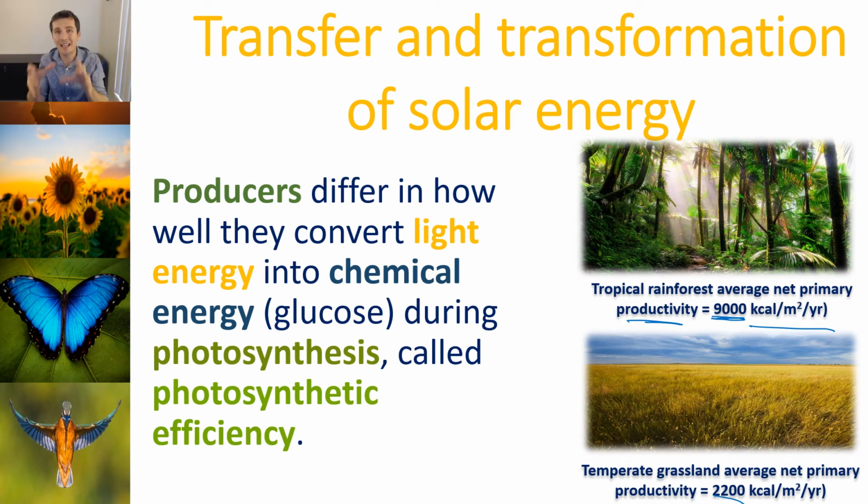So you can see that these ecosystems differ in their photosynthetic efficiency. The plants in the tropical rainforest have a higher photosynthetic efficiency than those photosynthetic organisms in that temperate grassland, and therefore are able to convert that light energy into glucose more effectively, by approximately 6,800 kilocalories per meter squared per year.